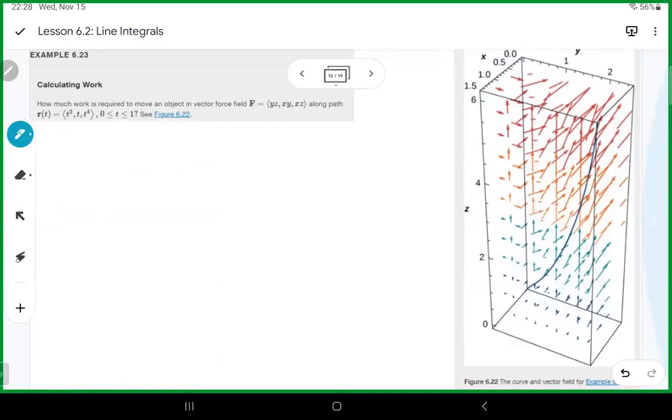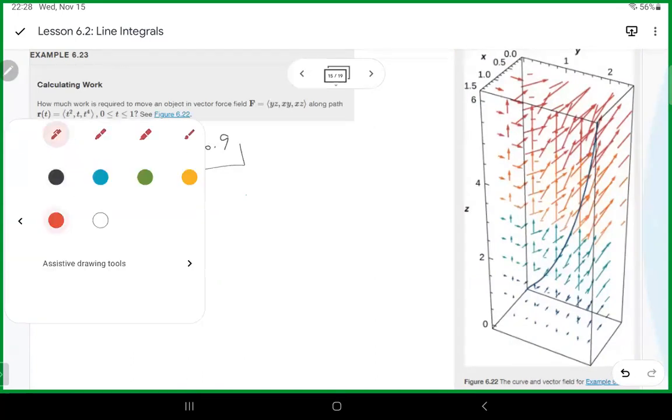All right. So let's see, to note the given path, we need to find the value of, okay. To do this, we use equation 6.9.